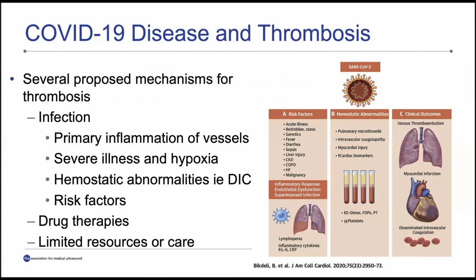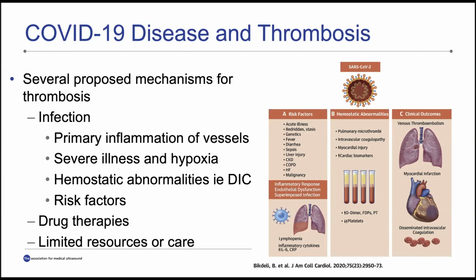So how do these abnormalities in blood clotting and thrombosis occur? Well, there are a lot of different theories and a lot of potential etiologies. For example, the thrombosis may be due to the primary infection, the inflammation of the cells in the vessels, which can cause microvascular thrombosis. It may also cause clotting problems because of the severe illness that occurs, particularly in the lungs, where you have hypoxia, decreased oxygen, and thrombosis within the lungs.